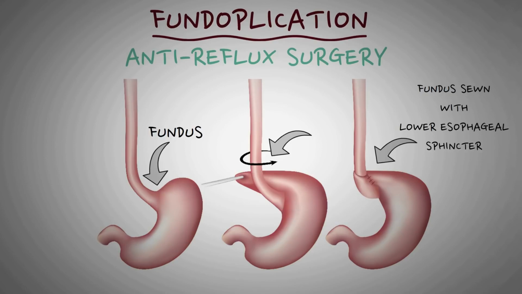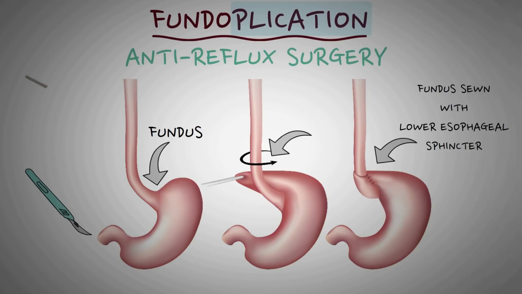The gathering and suturing of one tissue to another is known as plication. This procedure increases the pressure at the lower end of the esophagus and thereby reduces the reflux of acid up into the esophagus. Also, if the patient has a hiatal hernia, this can also be corrected in the same surgical procedure.